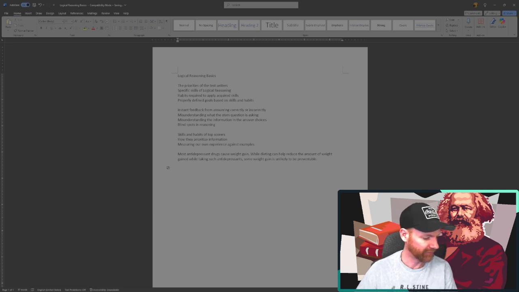All right. So the main part of this is antidepressant drugs. Most antidepressant drugs cause weight gain. And while the chances of weight gain can be reduced by dieting, in some cases, weight gain is unlikely to be preventable.